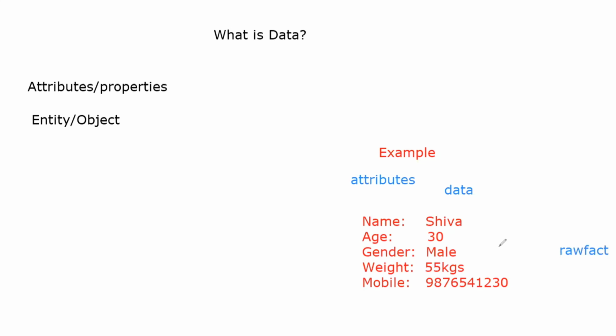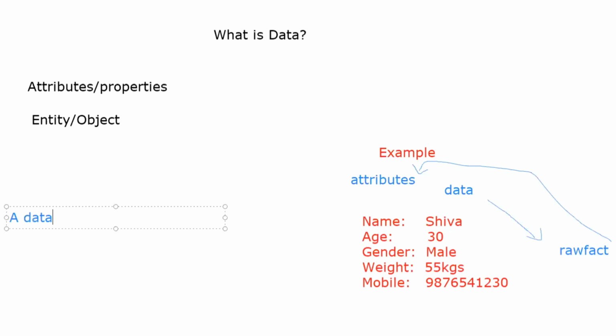What is data? Data is a raw fact which describes the attributes of a person. That person is Shiva here. Here I am discussing about a person. So let me write the definition here to get a clear understanding.